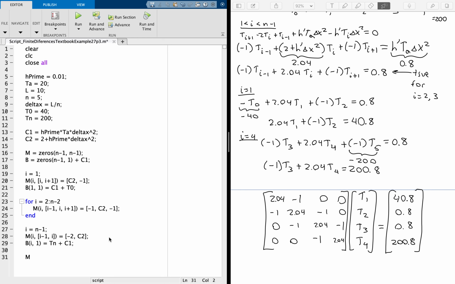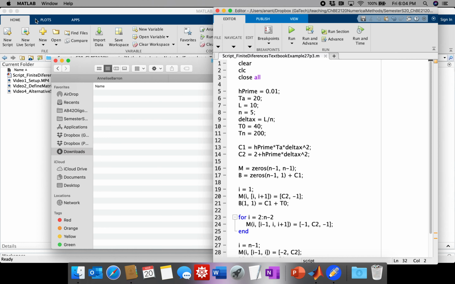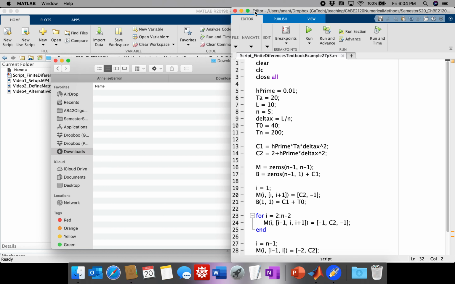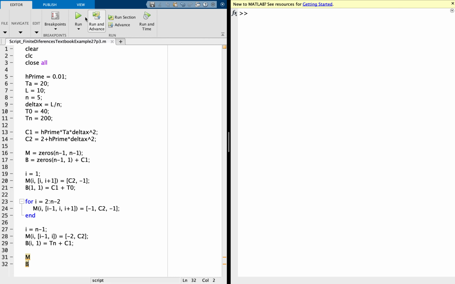Okay, so let's display M and B just to see if our matrix matches. Let's look at the Matlab command window.